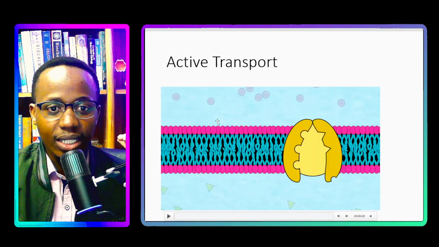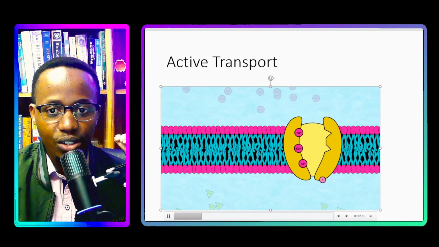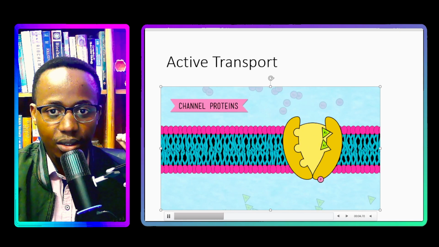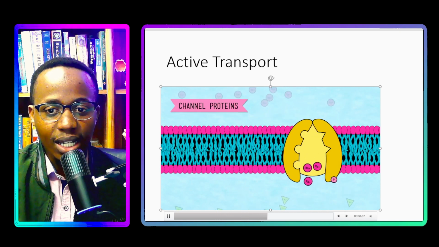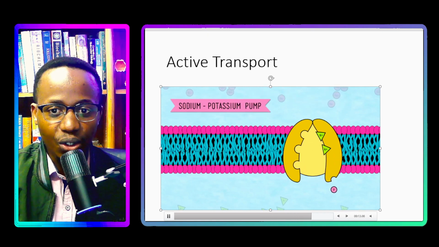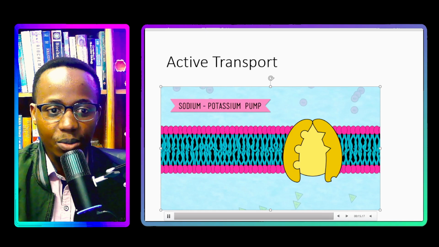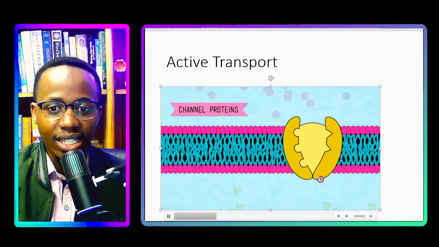All right. So an example of active transport is this sodium potassium ATPase, right? Sodium potassium ATPase, look at how it works. It's going to actively transport sodium and potassium just like that, right? It needs ATP.